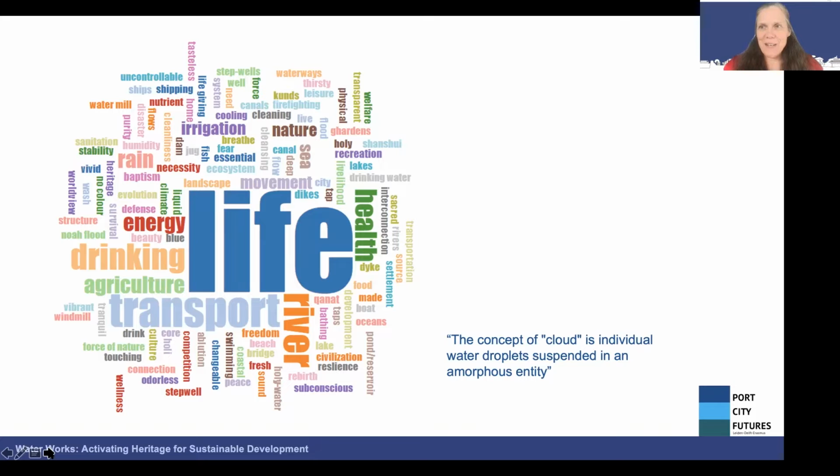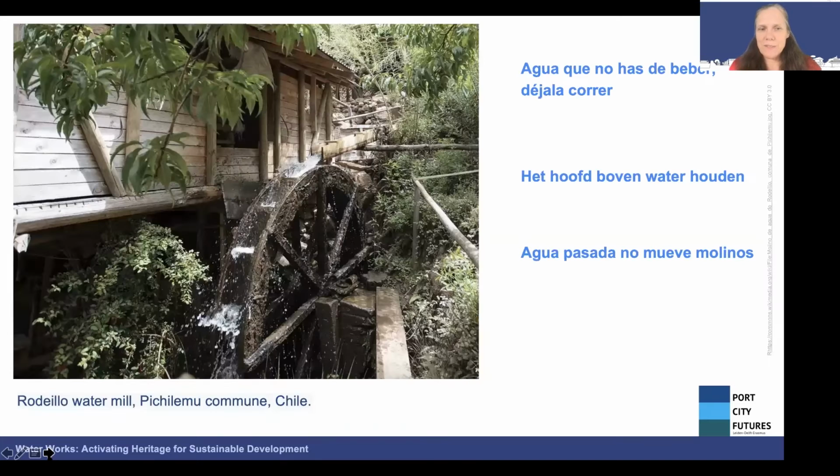Water is life. It sounds so basic, and yet it's probably the most important and the most striking part of all of these conversations. Water is also transport, and we see it connected to drinking and energy and agriculture through rivers and irrigation, for example. And it's fascinating to see all these little droplets, as Hilde once called them, around this larger field of life that they are contributing to. And I hope that this image of the word cloud, heavy with meaning, also enriches your thinking about water systems.